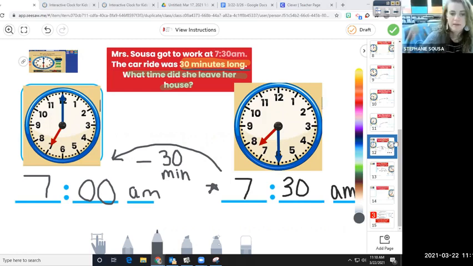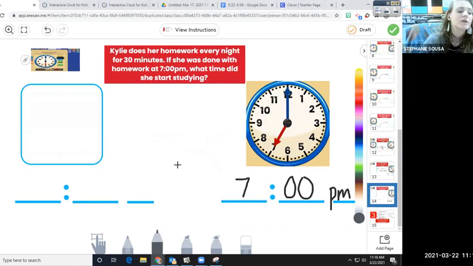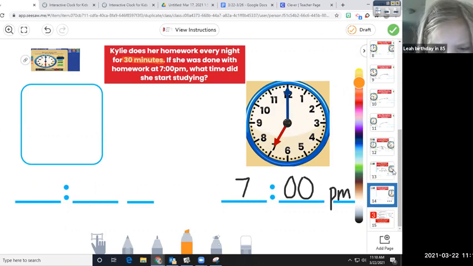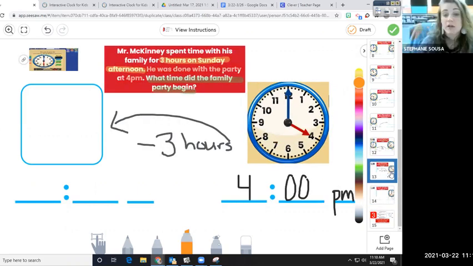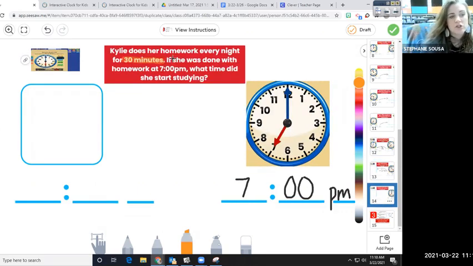All righty, let's take a look at 14. 14 says Kylie does her homework every night for 30 minutes. 30 minutes is how much time elapses. I thought we were doing 13. No, we're not going to solve them. I'm giving you hints for how to solve them independently. Okay, 14. If she was done with her homework at 7 p.m., so that's when she finished.